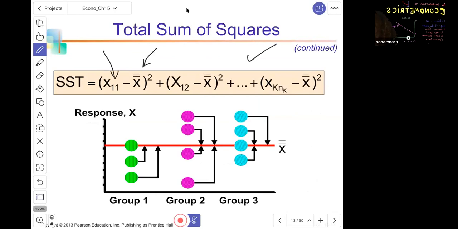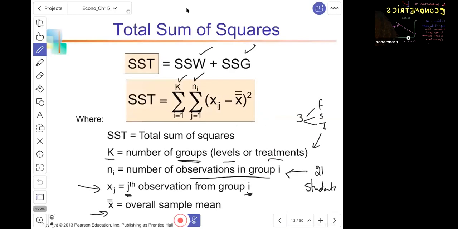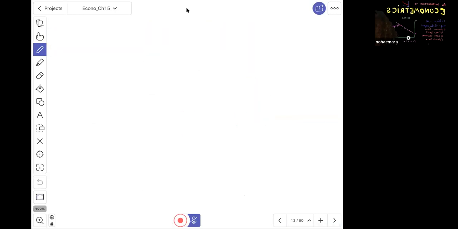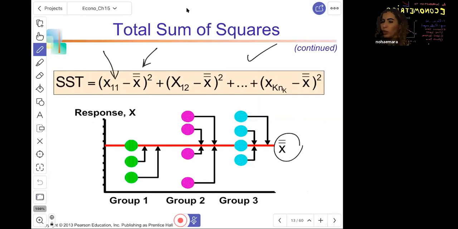This is the overall sample mean, which is the mean of the 21 students I have, for example. I take each one and see how far it is from the overall mean, and I square it up. So I go over all the 21 students and compare the variation of each final exam score from the big mean, which is the sample mean, the overall mean.